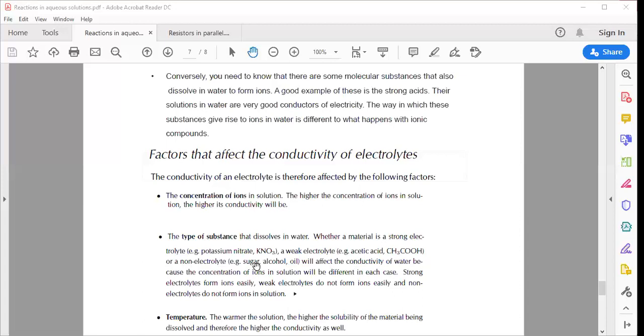Or another question you might get is to complete a reaction where you're given two substances, then work out the product of that reaction and tell whether it's a precipitation reaction, an acid-base reaction, and so on. I need a period to explain how you go about doing that. Clear?